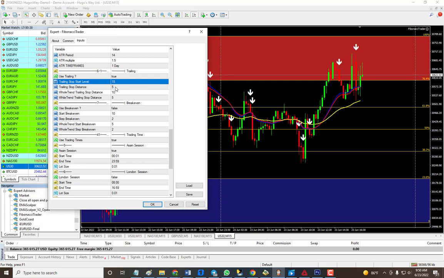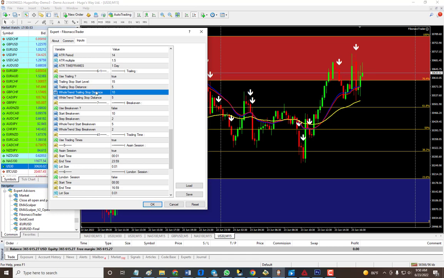When it moves to 17, it moves to 7, and on and on. So the distance will be kept at 10 until price turns around and hits that point. So these two, you can use them together to secure first a certain number of pips, and then your trailing will kick in. And you can do the same thing for hold trend, so you can set different things.